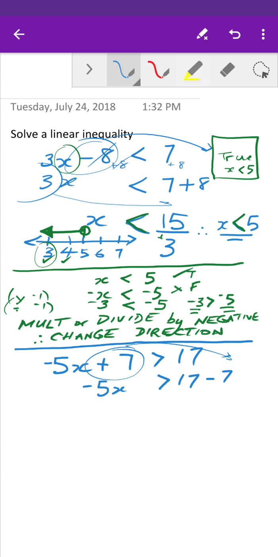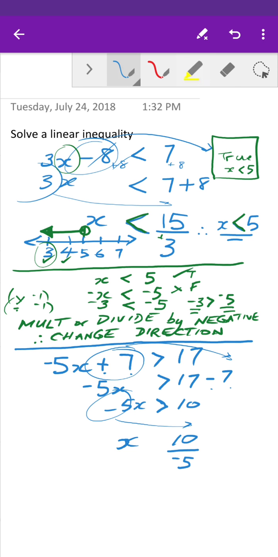Now, nothing's changed. We've taken the plus 7 across to be minus 7. This becomes 10, so I'll just replace that with 10. Negative 5x is greater than 10. Now we're going to take this negative 5 across from being multiply negative 5 across to be divide negative 5. So 10 divide negative 5, and we're left with x.